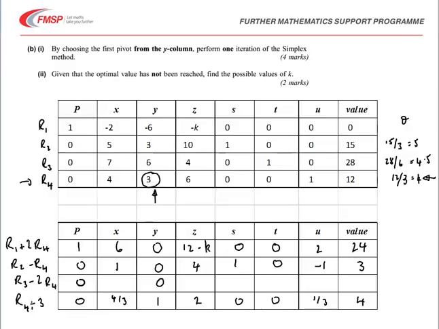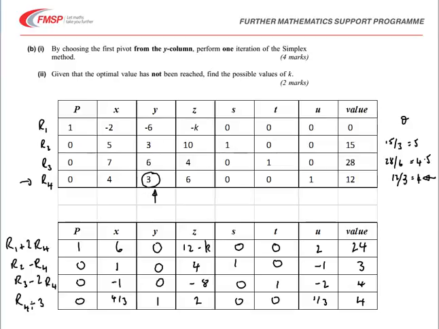So that becomes 0, 7 minus 8 is negative 1, 0, then 4 minus 2 lots of 6, so 4 minus 12 is negative 8, 0, 1, 0 minus 2, so negative 2, and then 28 minus 2 lots of 12 gives me 4. And there's our final tableau after one iteration.